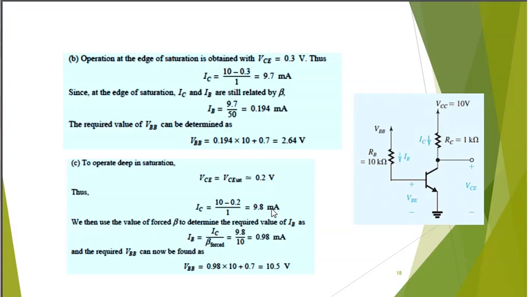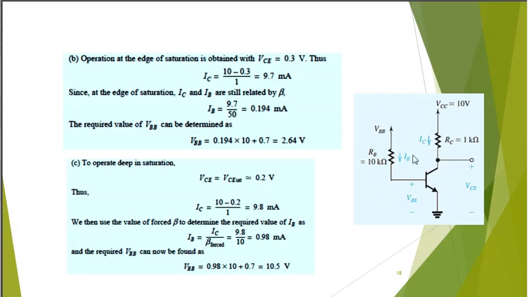But now, how do I find the value of VBB? I know that beta forced now is 10. Beta forced is determining the relationship between IC and IB.